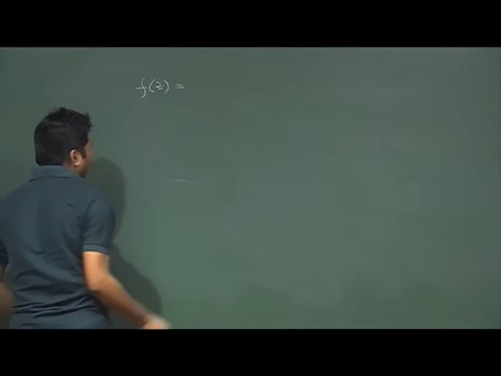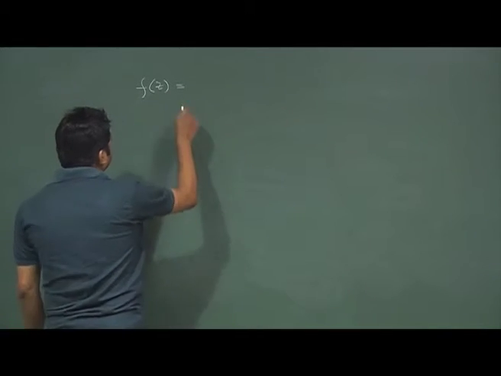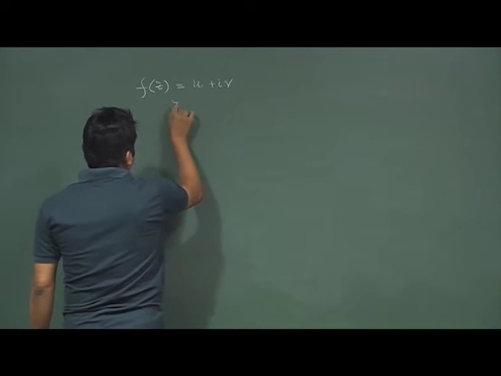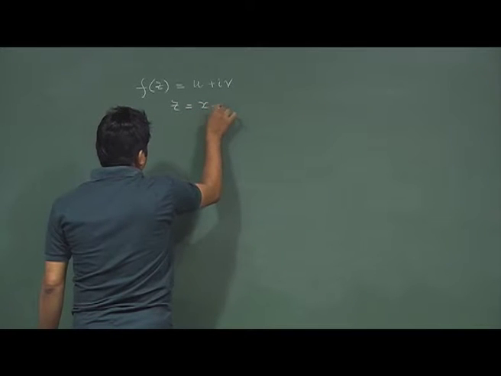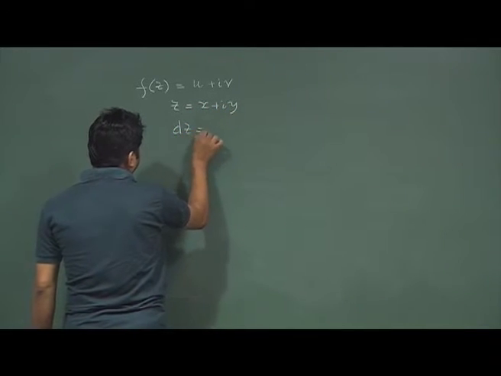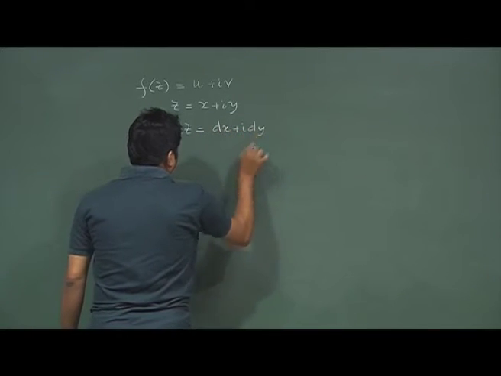So, f(z) in another form, I mean how I do this line integral calculation. f(z) is u plus iv and z is x plus iy. The procedure is straightforward. So, dz is dx plus i dy.